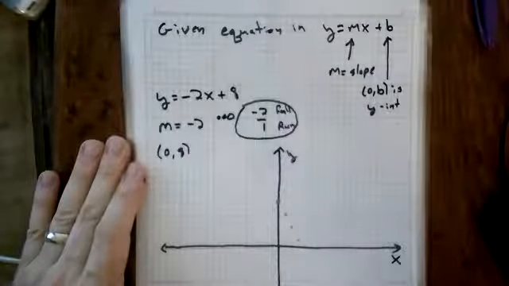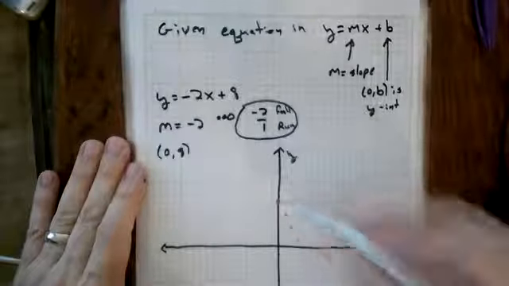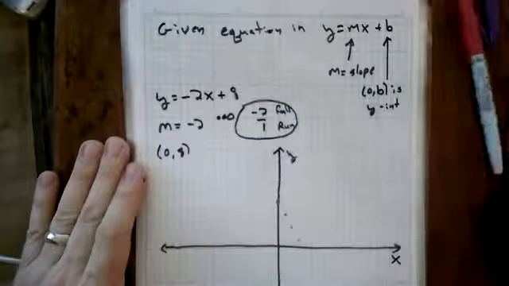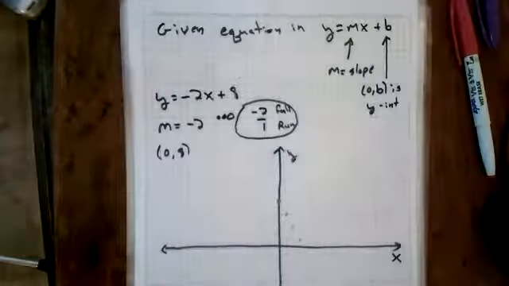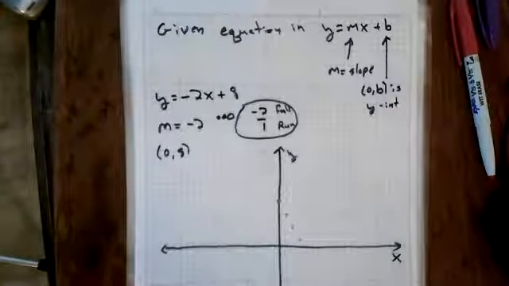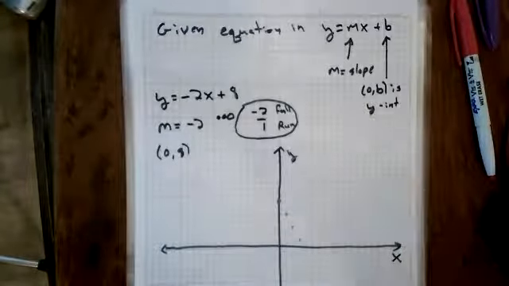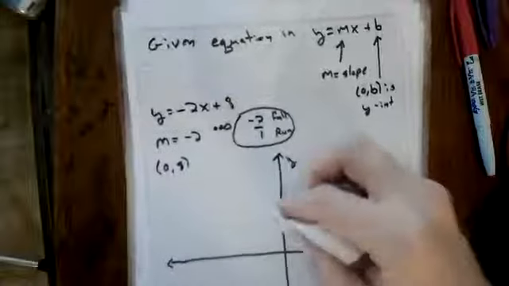And I made a mistake. I actually started here at 7 instead of 8. So let me see if I can erase this. Sadly, this is a wet erase marker, so this is a little bit more complicated to erase than most of my other things.